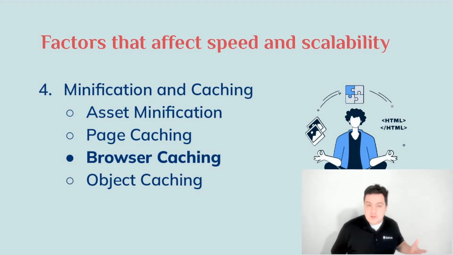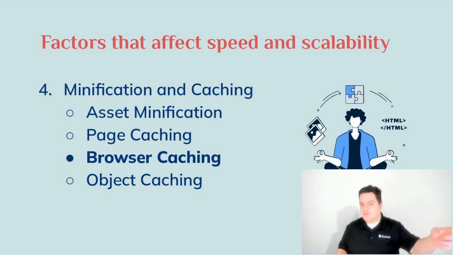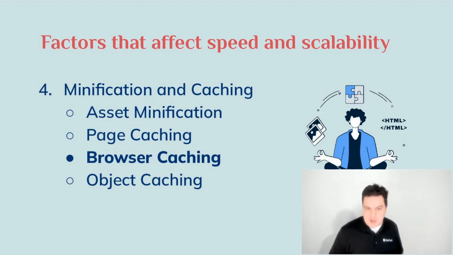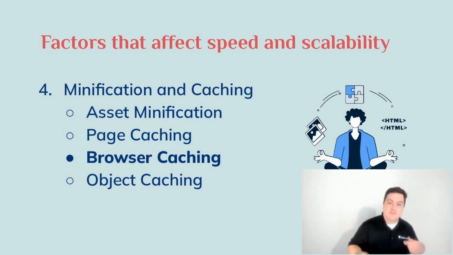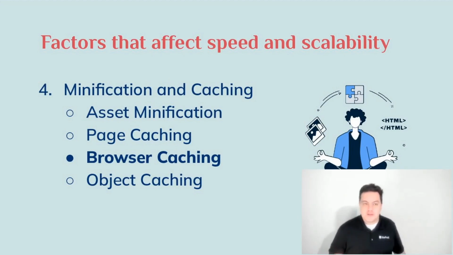You can say, you don't have to download the logo every time you go to a new page, the logo is the same on every page. Then your browser knows, every time I navigate to a new page, I don't have to re-download this file. That's browser caching.